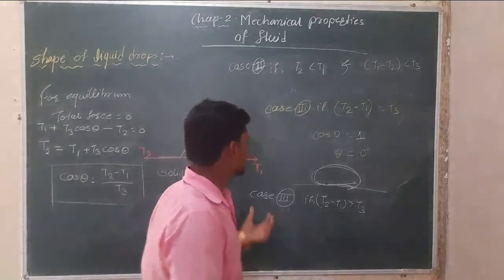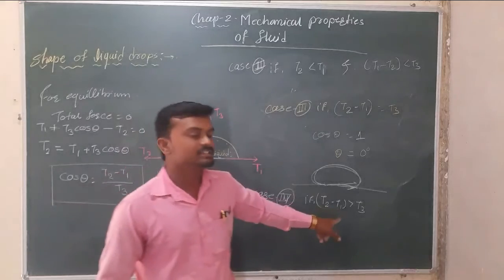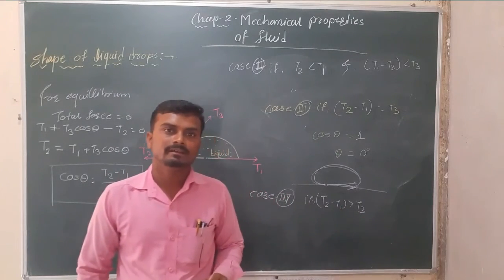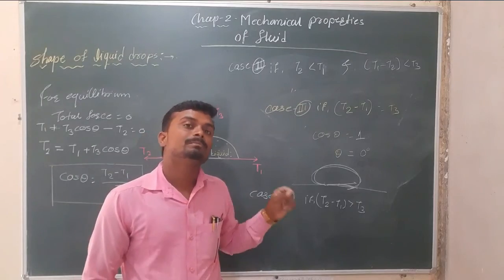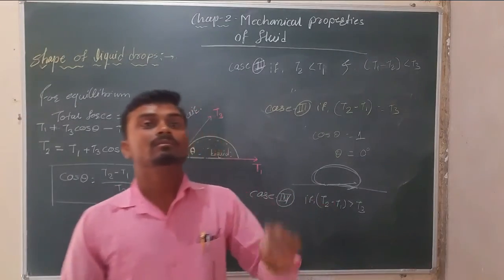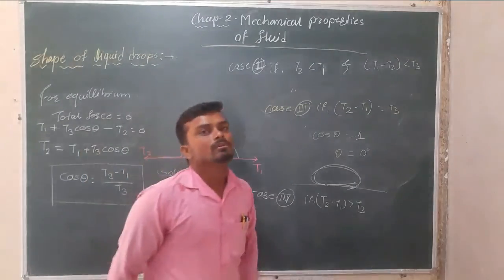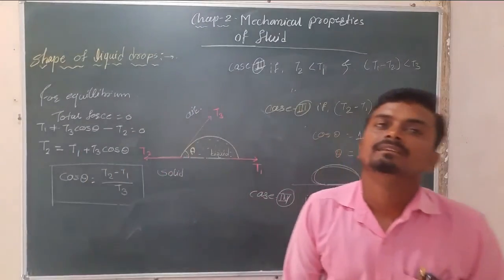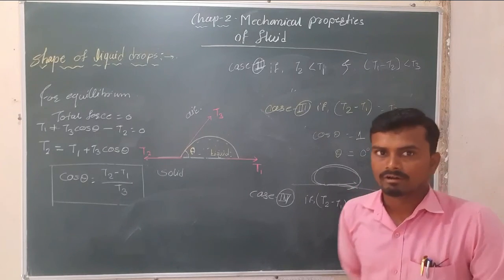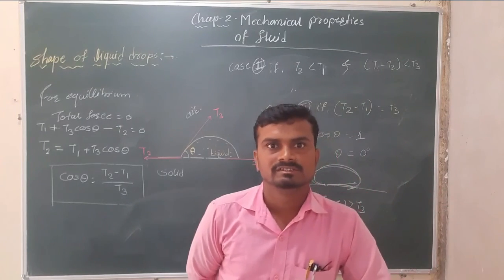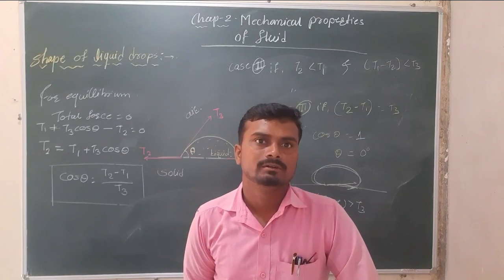Now the fourth case: T2 minus T1 is greater than T3. In that case, cos of theta is greater than 1, which is not possible, and if we drop a liquid over the solid surface, it suddenly spreads out and a liquid drop will not form. This is all about the shape of a liquid drop.